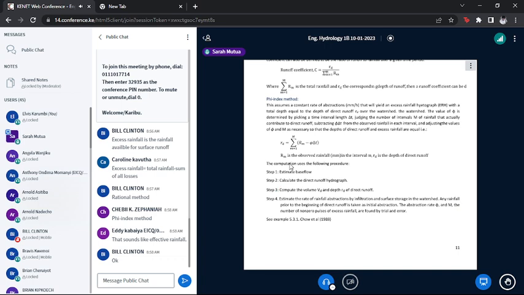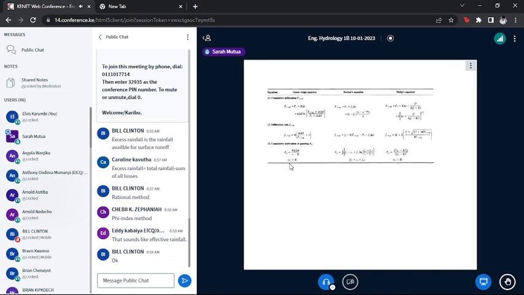The data that we will be using in the examples is a discharge hydrograph that we have been given, where first you have to separate the base flow so that you remain with the direct runoff hydrograph only, and then you apply our unit hydrograph method. So that is what I want to share.